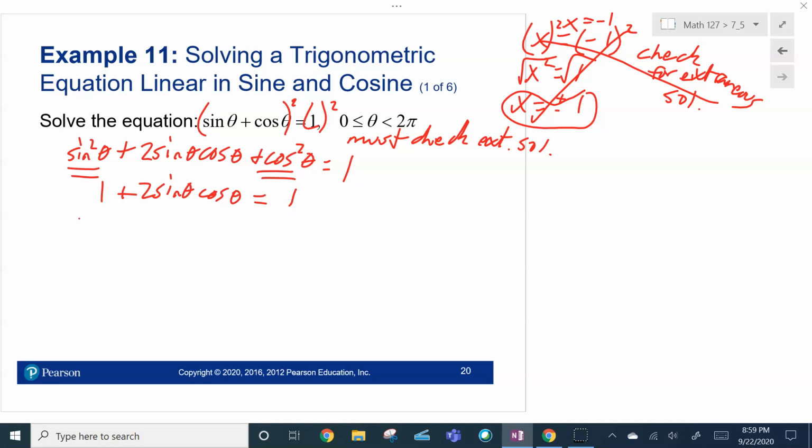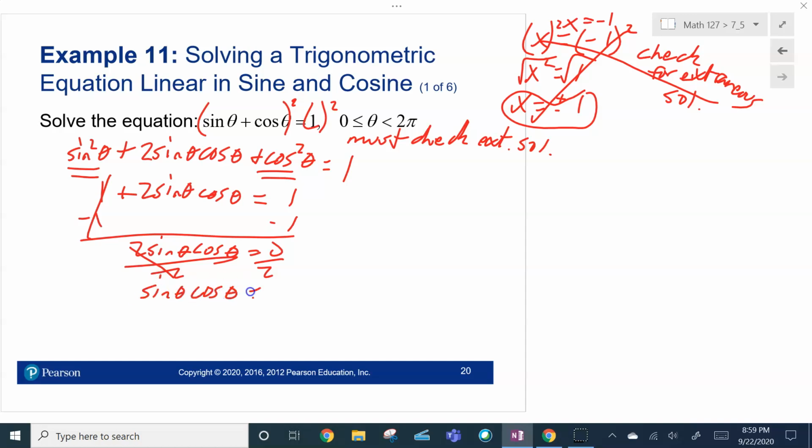And then I'm going to subtract 1 from both sides. So I've got 2 sine theta cosine theta equals 0, divided by 2, divided by 2. So sine theta cosine theta equals 0. So I could have sine theta being 0 or cosine theta being 0.